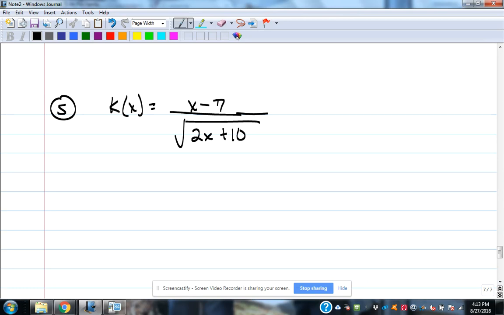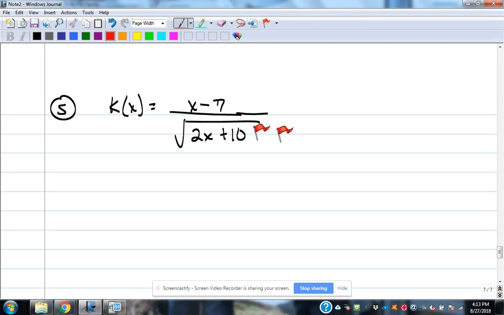All right, so there's an x in the denominator, and it's also inside of a square root. So a double red flag on that one. If it's in the denominator, what can it not be? 0. It can't be equal to 0.